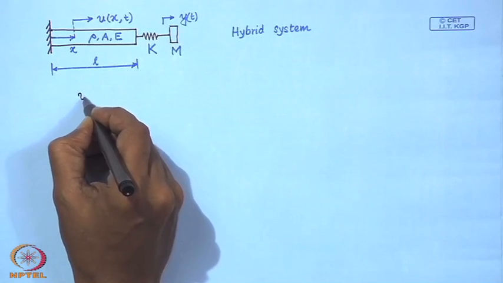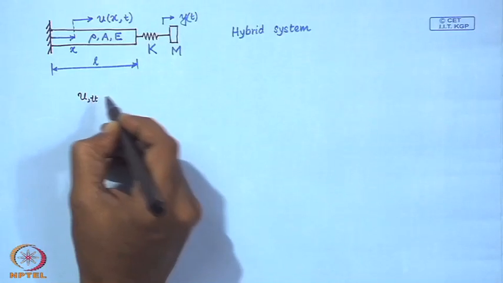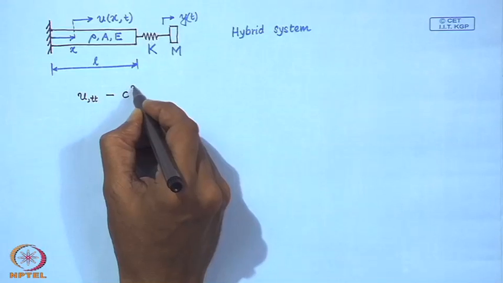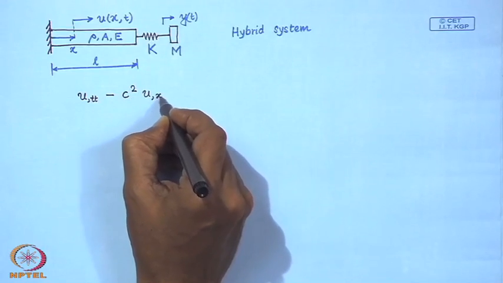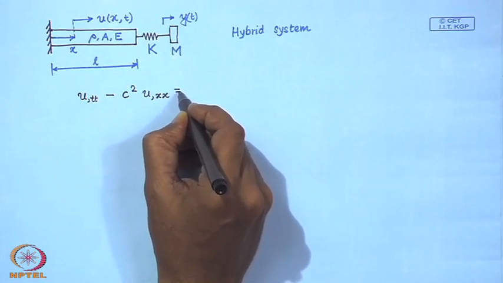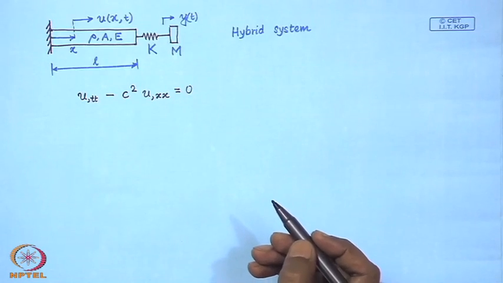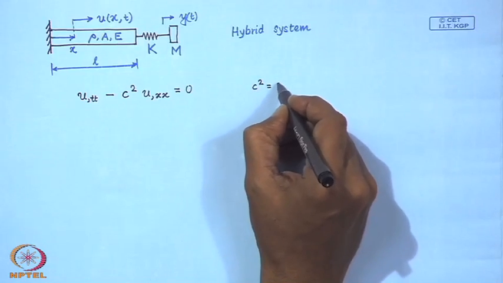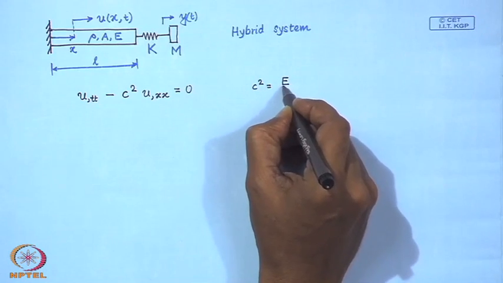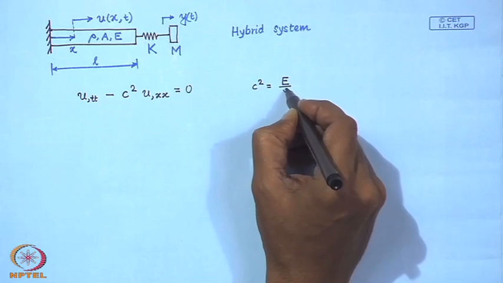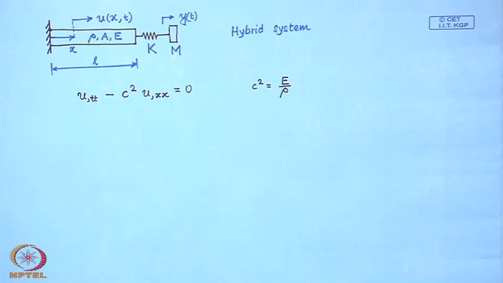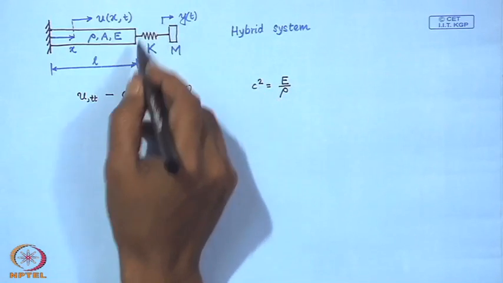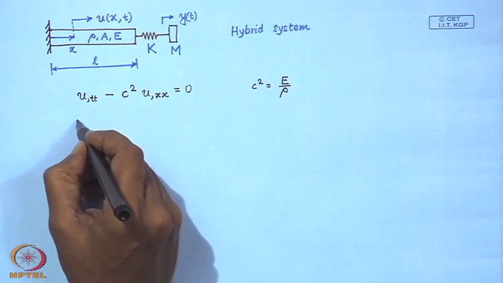For the bar, the equation of motion can be written directly in this form, where c square is E over rho. For the oscillator, the equation of motion can be easily written.